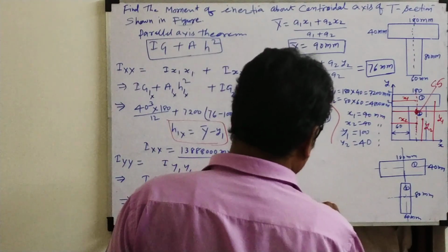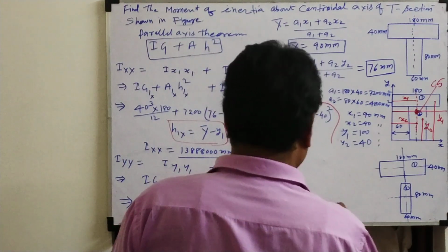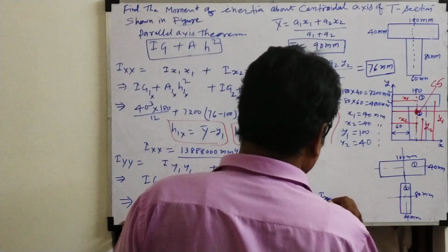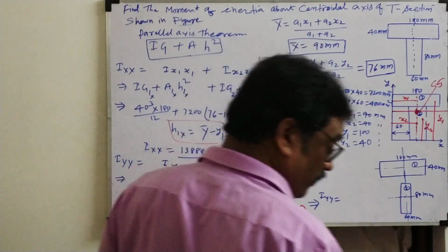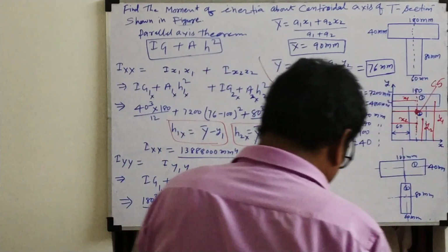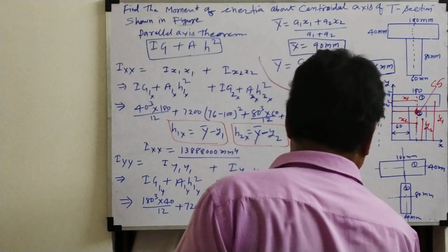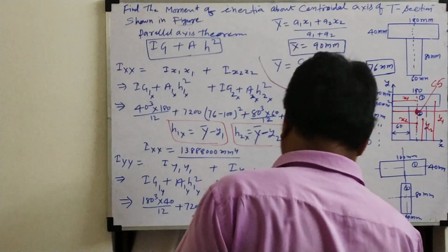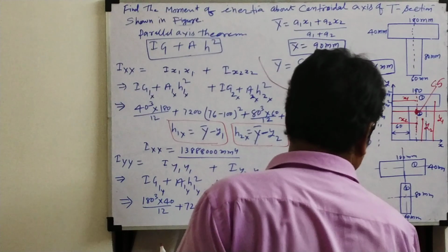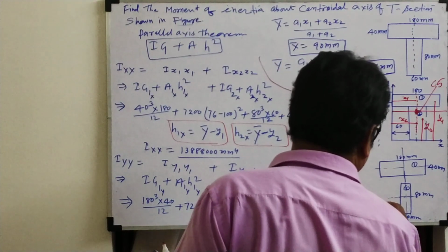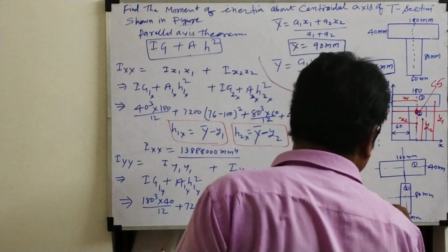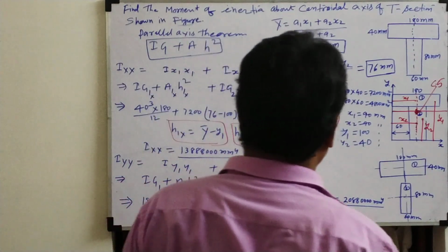So Iyy is equal to 208 triple 1 2 3 4 mm power 4. This is a big value. Moment of inertia is always a very big value.